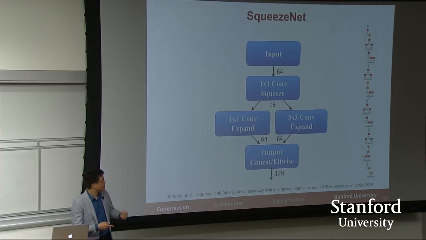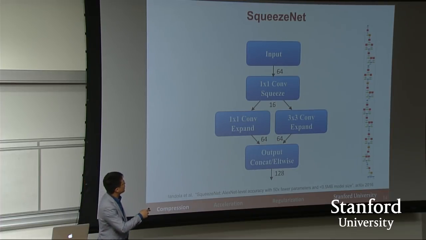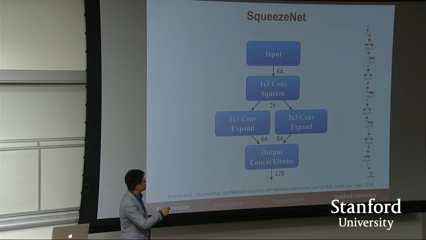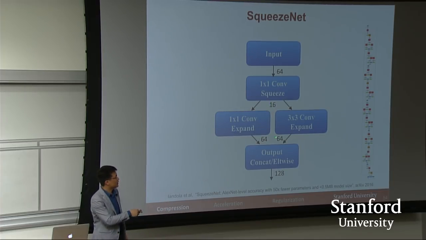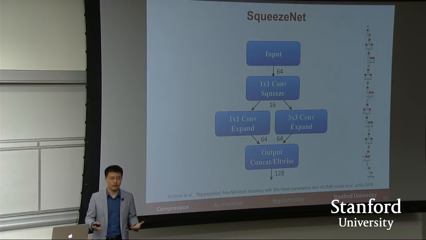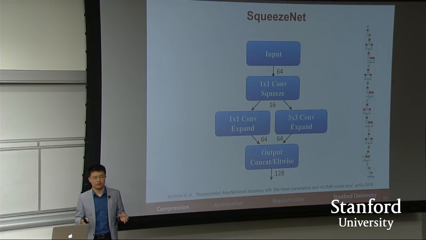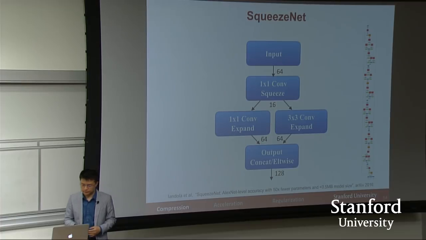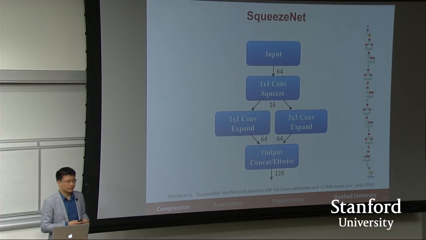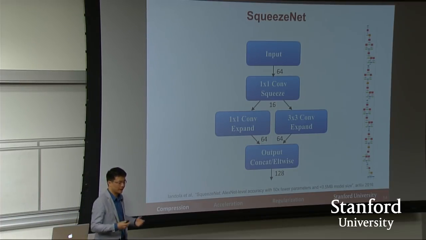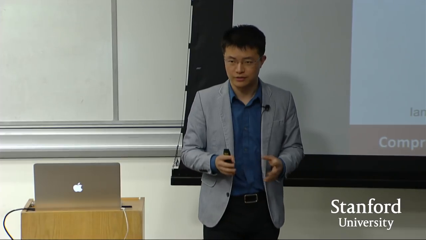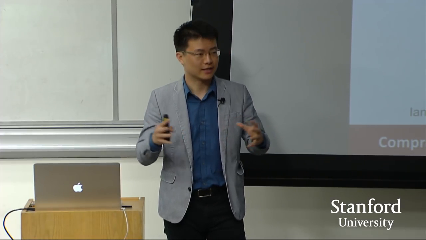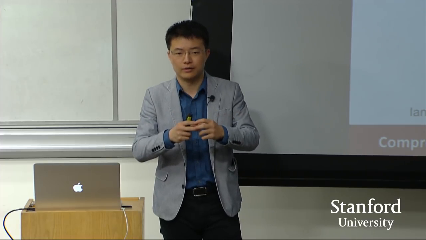The idea is we have a squeeze layer here to shield the 3x3 convolution with a fewer number of channels. That's where squeeze comes from. And here we have two branches rather than four branches as in the Xception model. As a result, the model is extremely compact. It doesn't have any fully connected layers. Everything is fully convolutional. The last layer is a global pooling.